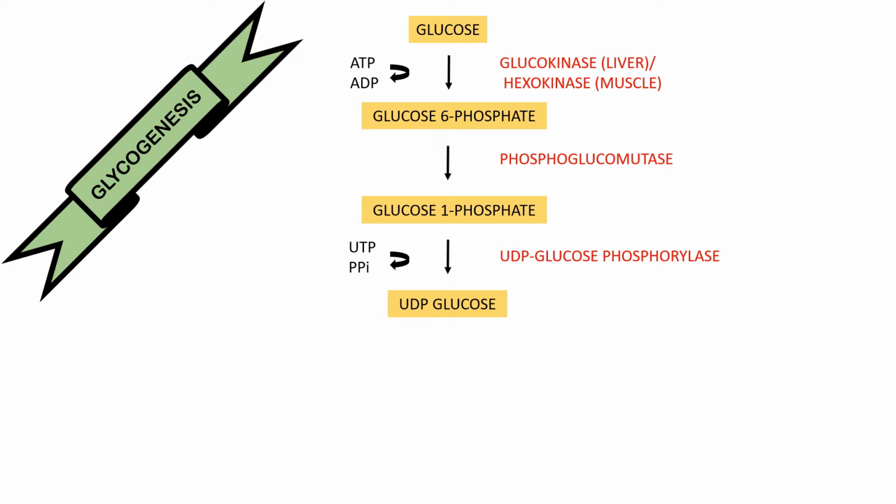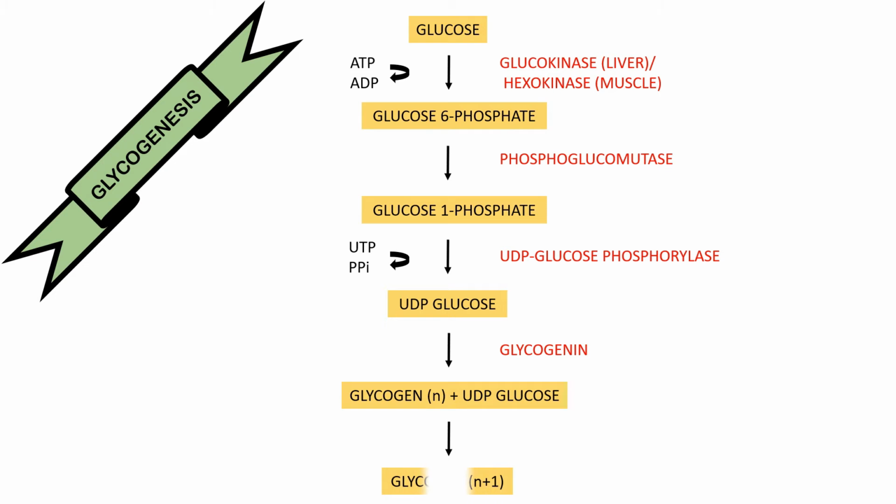UDP glucose is important for addition into the preformed glycogen polymer. The preformed glycogen polymer will be denoted as N, and now it will be attached with UDP glucose, catalyzed by glycogenin. Hence, it will form glycogen and increase the chain by 1. This process is catalyzed by glycogen synthase, which is the rate-limiting enzyme.